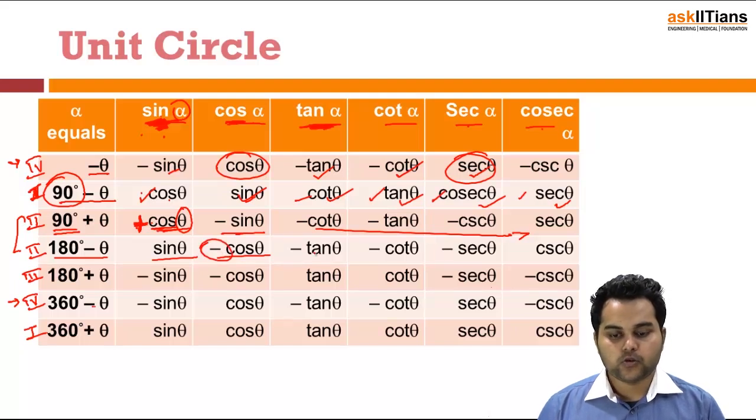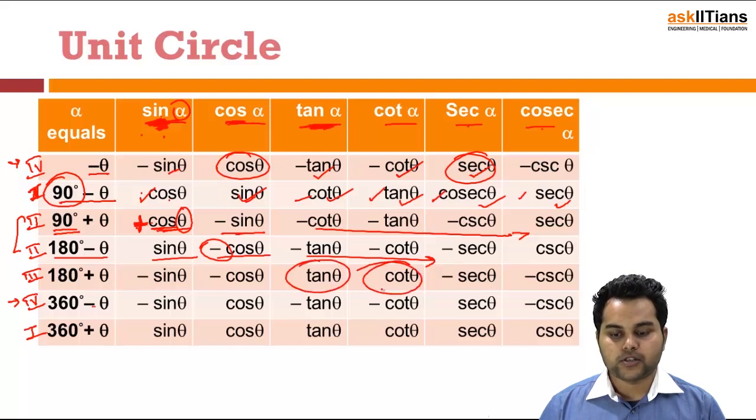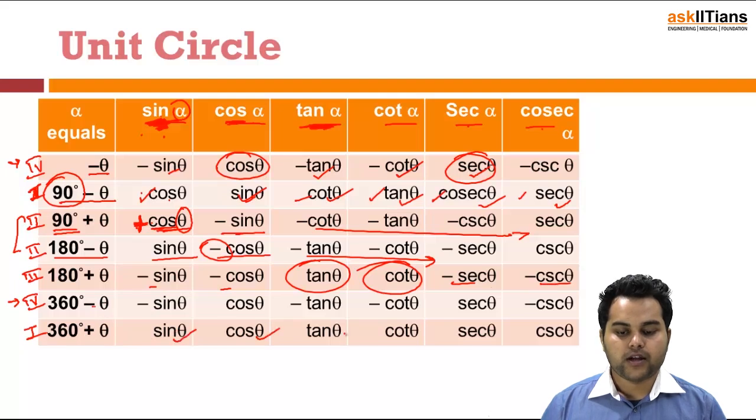In the third quadrant, for 180 plus theta, tan would be positive and cot would be positive, with no ratio change and just a sign change for the rest of the 4. For the last one, the first quadrant, all are again positive.